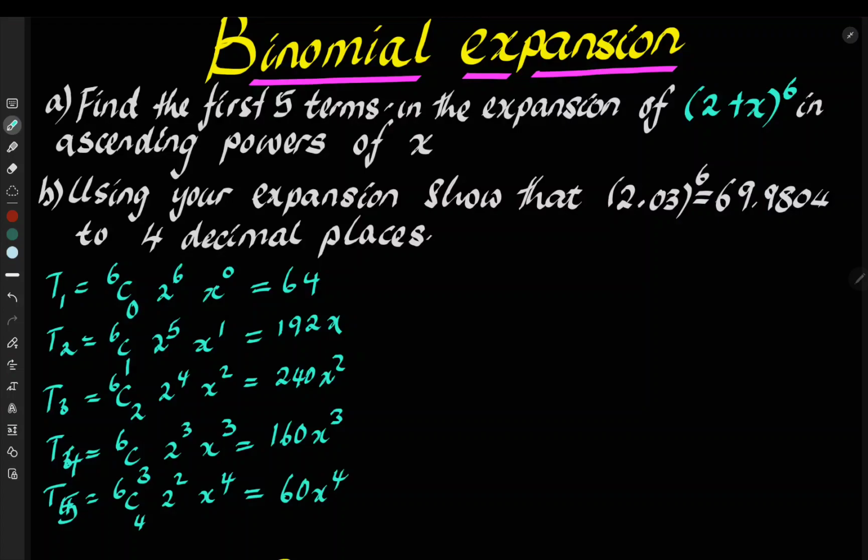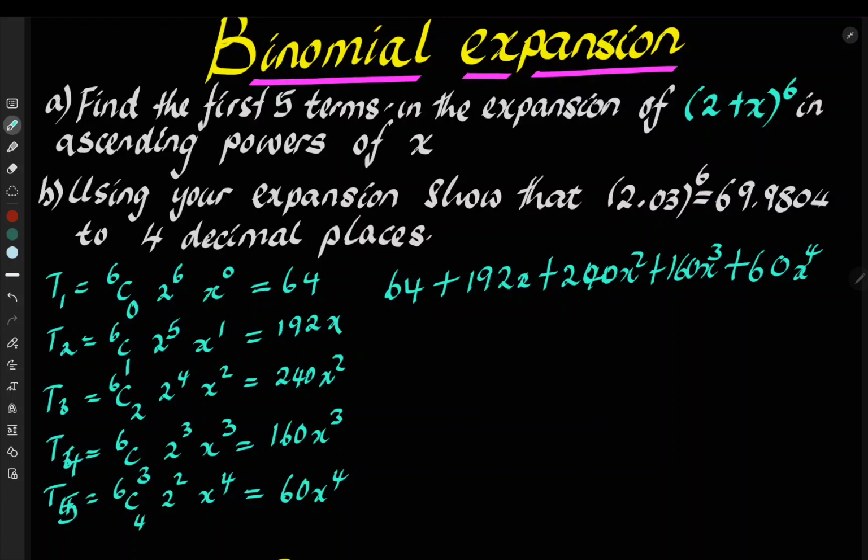So now we have got the first 5 terms, which in this case will be 64 plus 192x, then plus 240x squared, then plus 160x cubed, then plus 60x to the power 4. So these are the first 5 terms of the expansion.